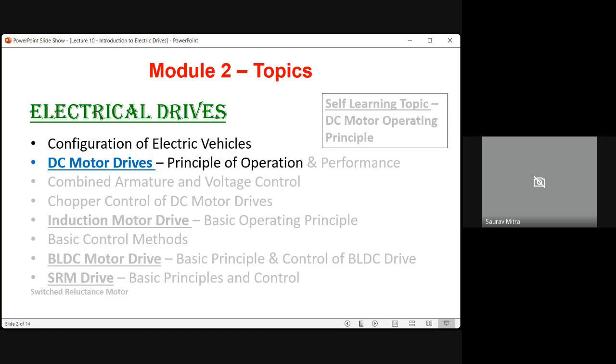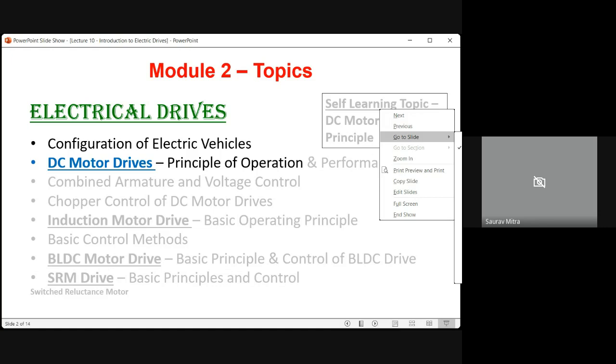Though I have mentioned here towards the top that DC motor operating principle is going to be your self-study topic, anyways, I will do that as a regular topic, so it will not be left out.